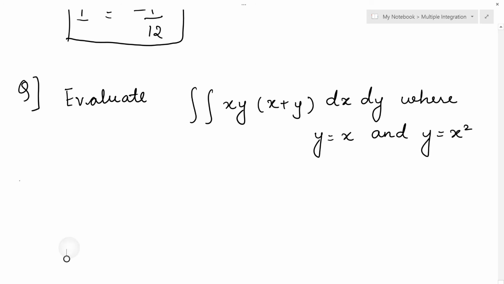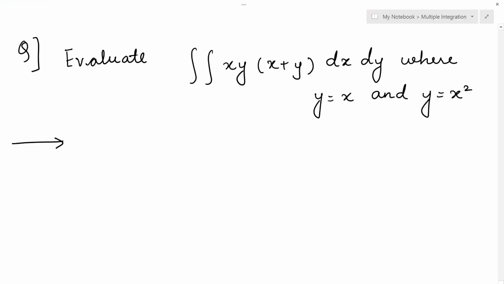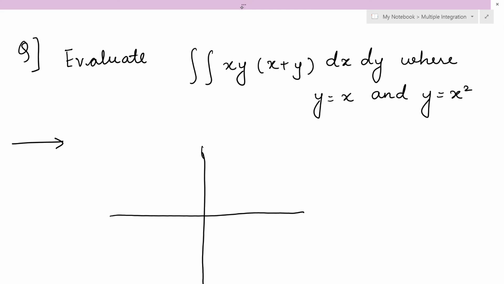Okay, read the sum properly first. Some integration is given, limits of integration are not given, and two curves are given to you. The very first thing whenever we get the sum is you will draw the curves given to you. Okay, first you draw x and y axis. Again I'll use two different colors so your understanding becomes easier. y is equal to x square.